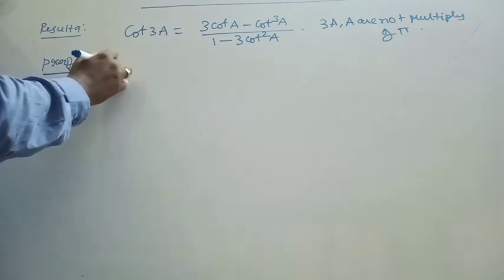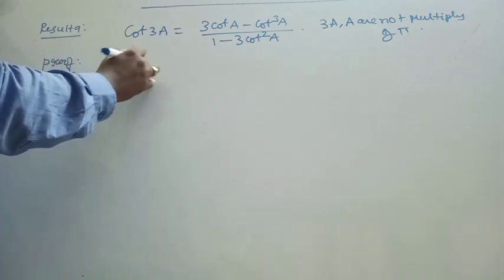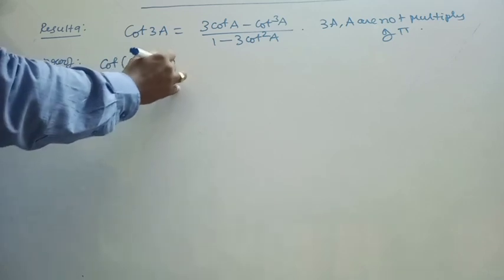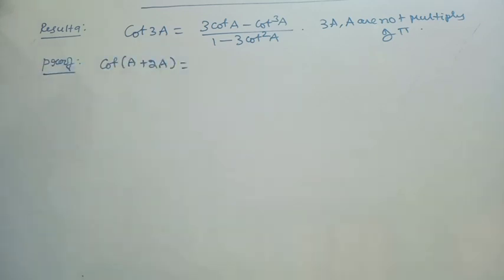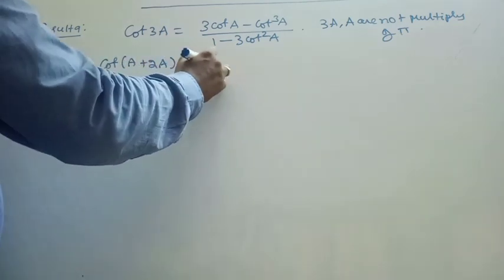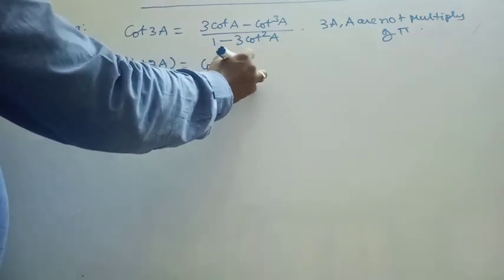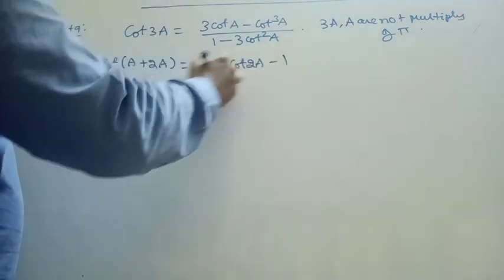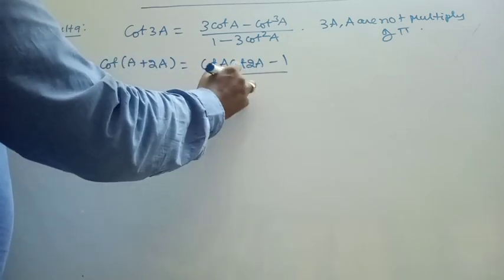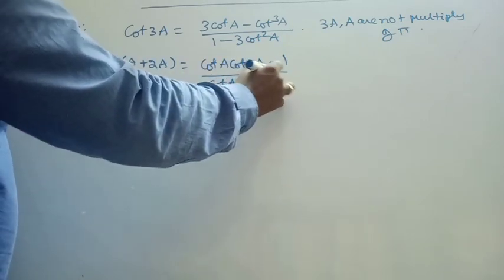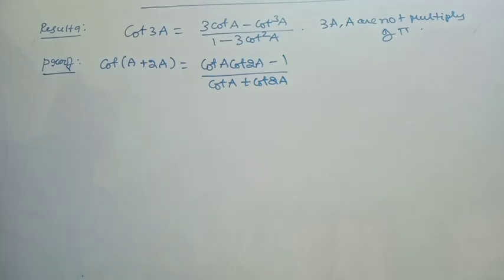Cot 3A, we can write it as cot (A plus 2A), my dear students. Now we can apply the cot (A plus B) formula, that is nothing but (cot A cot 2A minus 1) by (cot A plus cot 2A). Wonderfully we have applied it.